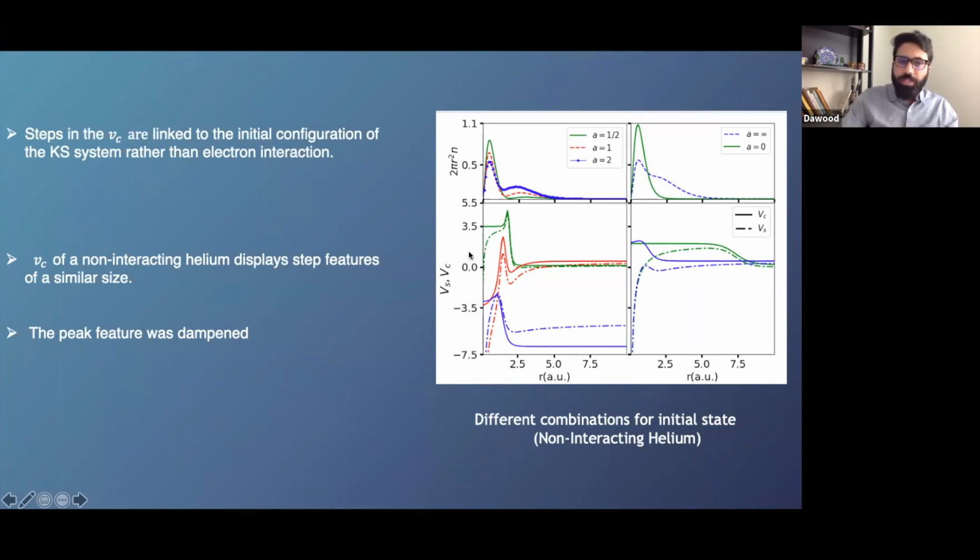The VC of the correlation potential of the non-interacting helium atom displays steps of similar size, but the difference was that these peaks were damped, suggesting that the barrier that we saw, which was a consequence of the Coulombic interaction, is missing here, which is consistent with what we saw previously.